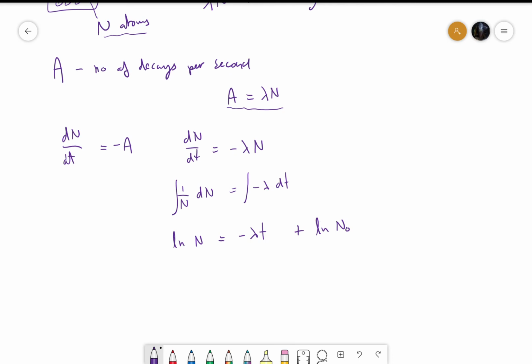With that in mind, I can write that right-hand side as log e to the minus lambda t, since I'm adding the natural log of N naught.